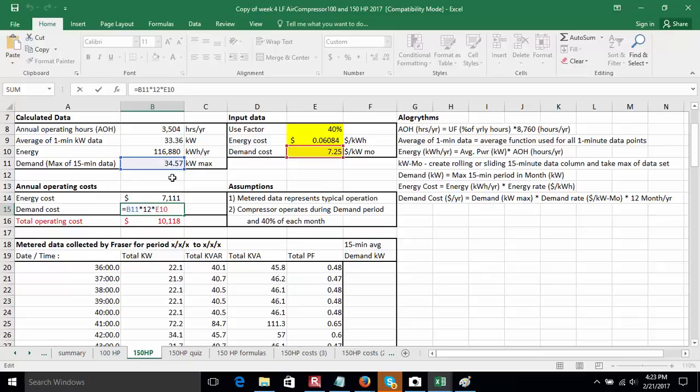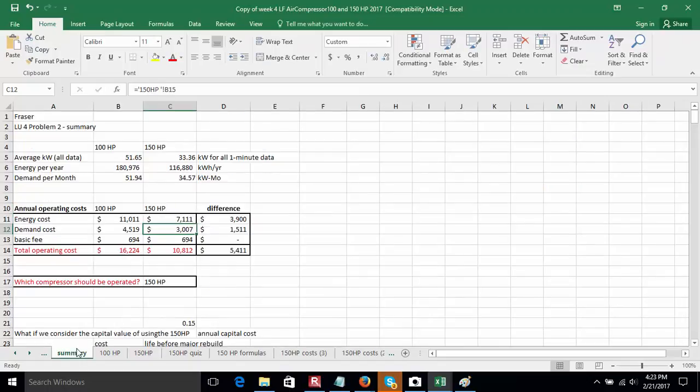Since the 150 is just not running at as high an overall power, the demand cost is less. So in summary, the energy cost is less and the demand cost is less, so you use the 150.